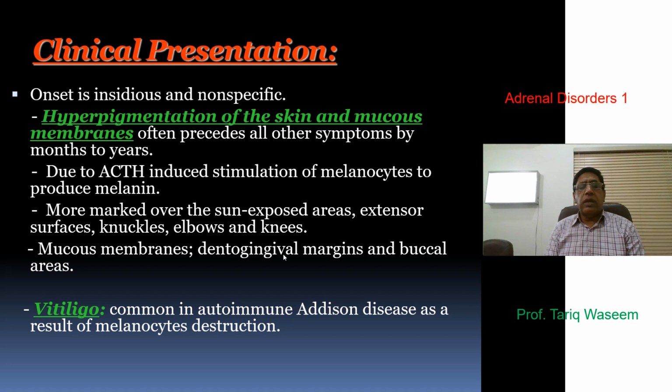Sometimes the autoimmune Addison disease may also be associated with autoimmune destruction of the melanocytes, and some of the areas may show hyperpigmentation where ACTH-stimulated melanin production is there, and some of the areas where there is autoimmune destruction of the melanocytes themselves may show hypopigmentation or vitiligo.